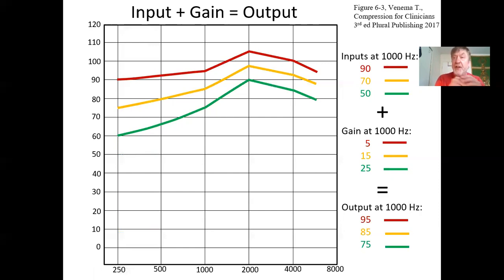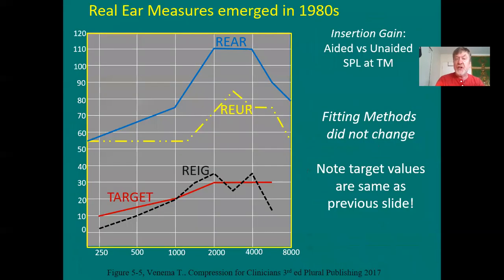And compression gives different gain at different inputs, unlike linear hearing aids of yesterday, which gave the same gain for all inputs. Okay, so the user always had to turn his volume control, and the target gain over here, if I go back, the target over here, in this case, let's call it fitting method X. Okay, the target here was really intended for inputs of average speech, generally around half gain.